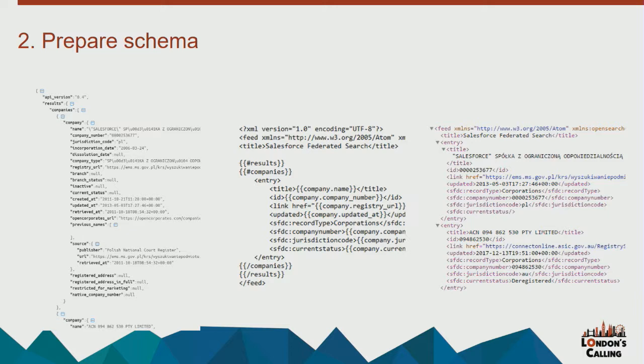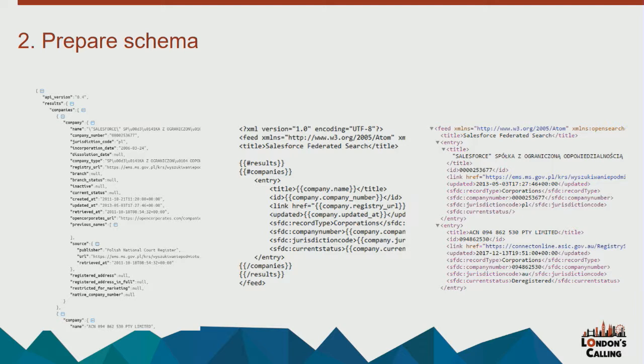And if you use the hashtags, it just tells you you will cycle over some array. So basically it says, okay, under results I have an array of companies, which I do. And under companies, I have a company.name, and I'm interested in this.